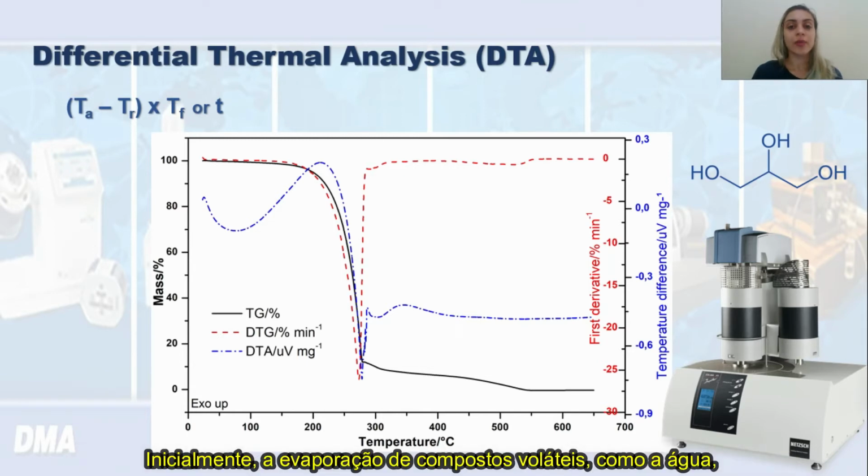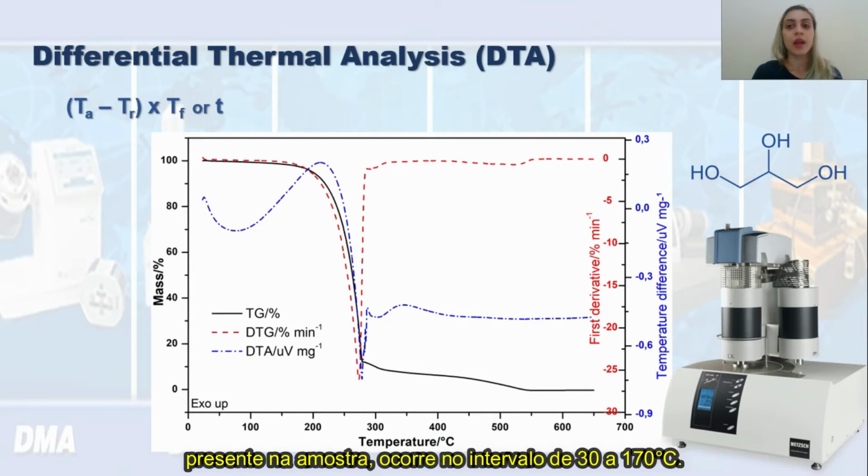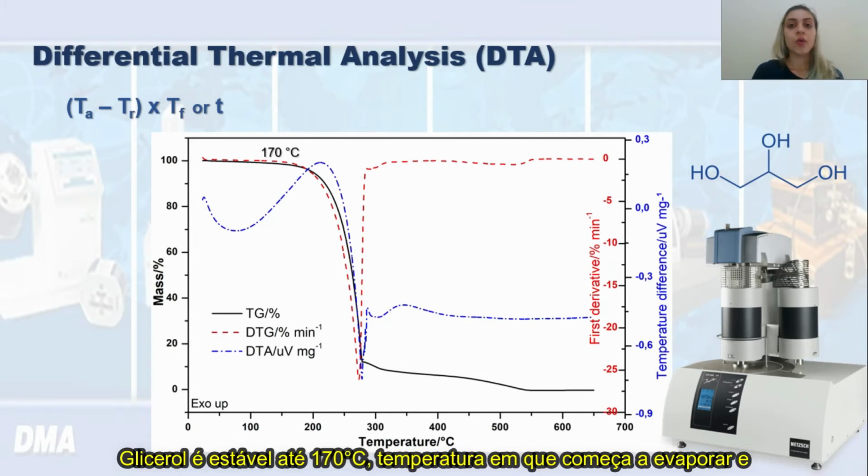Initially, evaporation of volatile compounds such as water present in the sample occurs in the range of 30 to 170 degrees. Glycerol was stable up to 170 degrees, the temperature at which it started to evaporate and degrade.